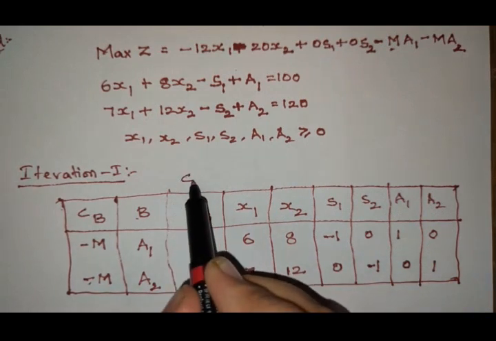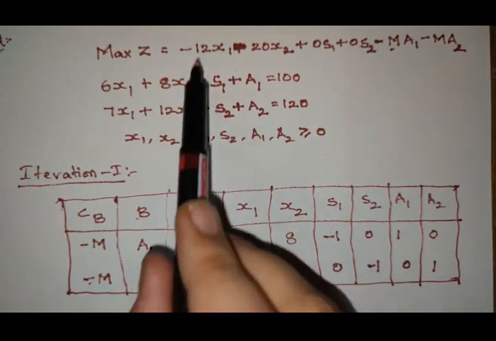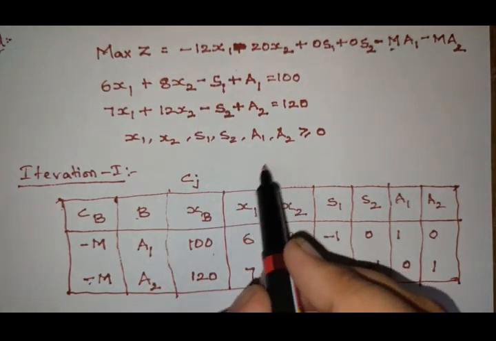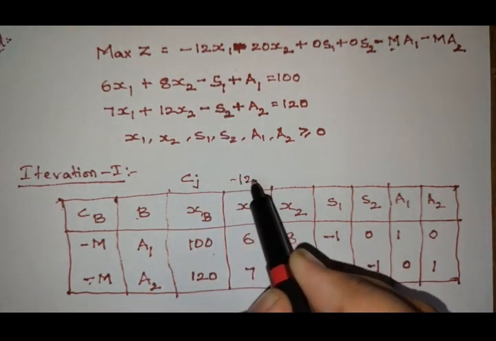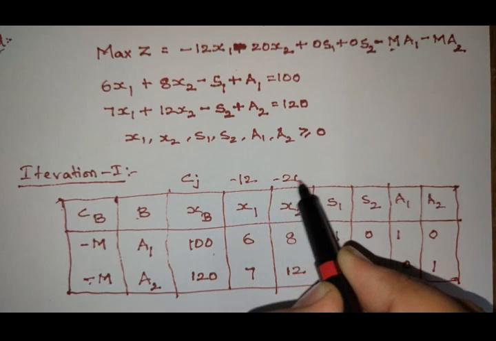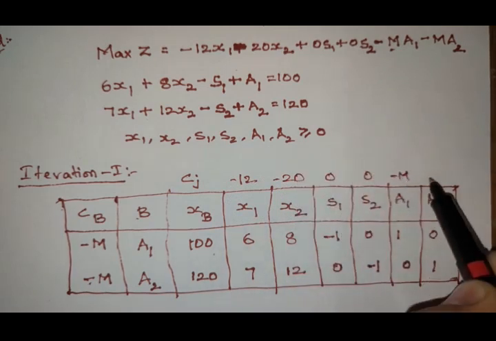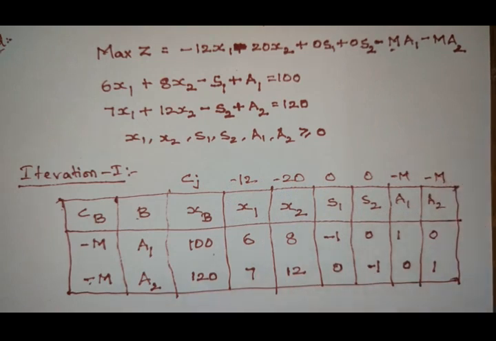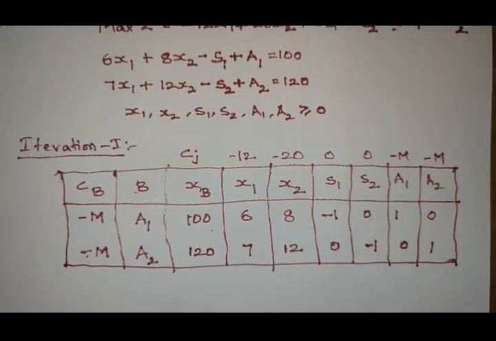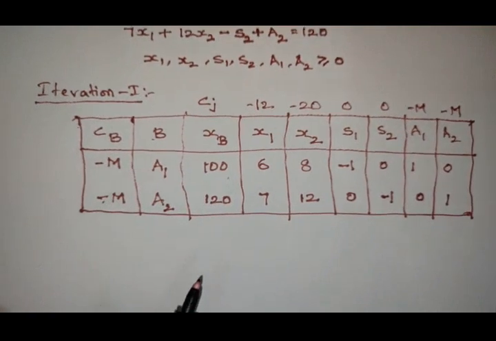Now write the Cj values. Cj values means the coefficients of the variables in the objective function. So those are minus 12, minus 20, 0, 0, minus M, minus M. Now calculate the Zj values.